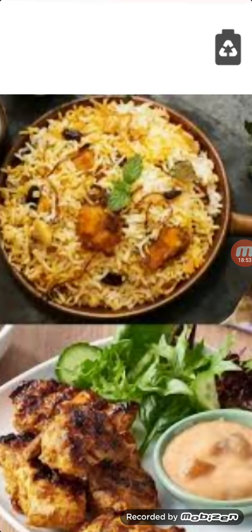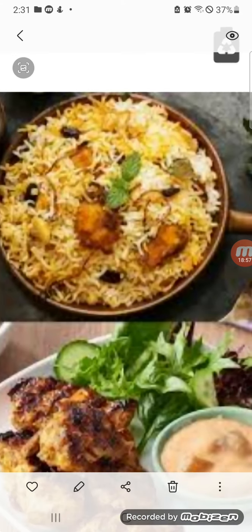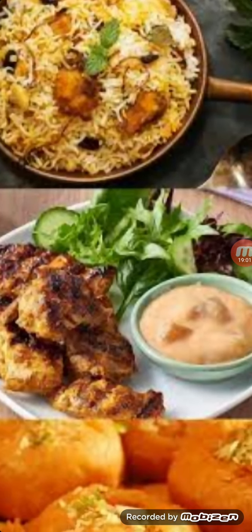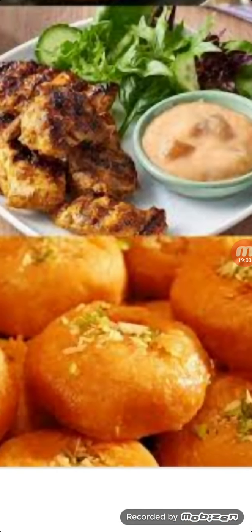This is called biryani, chicken biryani. It's a type of steam cooked rice with specific exotic masalas. This is chicken. This is called chaat, called pani puri. In that we have a circular baked puri.